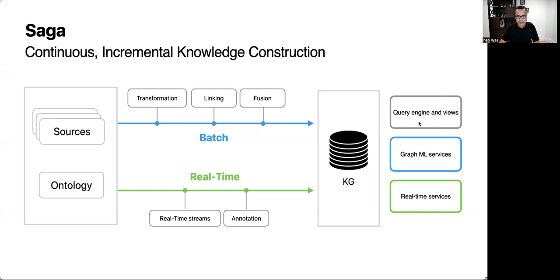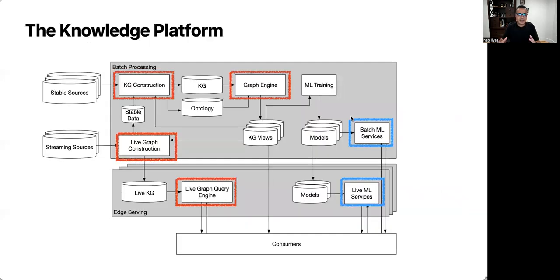The high-level architecture of this complex system includes multiple boxes, most notably a graph construction piece that takes these sources and builds a graph, and a graph engine piece that exposes that graph in multiple views.